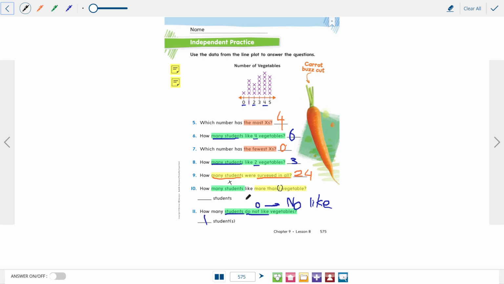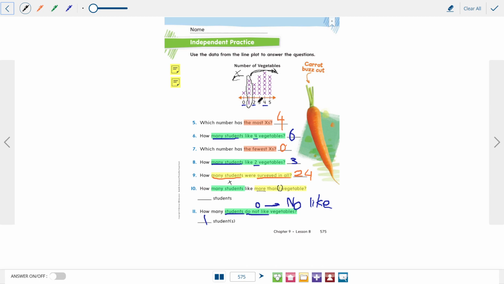How many students like more than one vegetable? Okay, where is one vegetable? Let me circle around it. This is one vegetable. I want more than it, not less. Less I don't want. They said more. So I need to count all the students that love more than one vegetable.